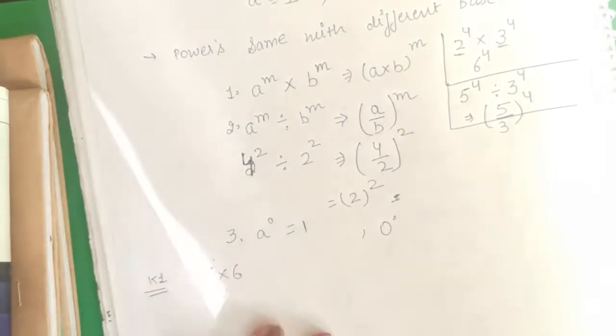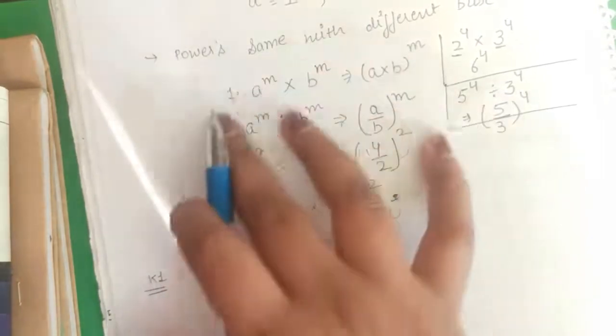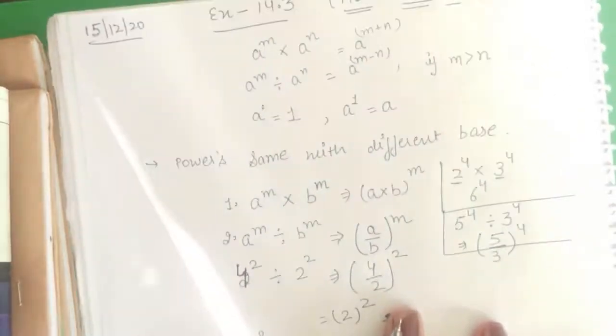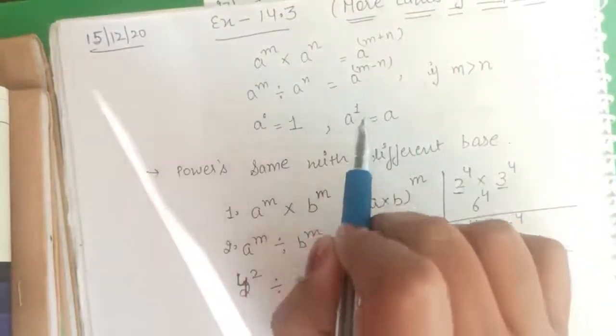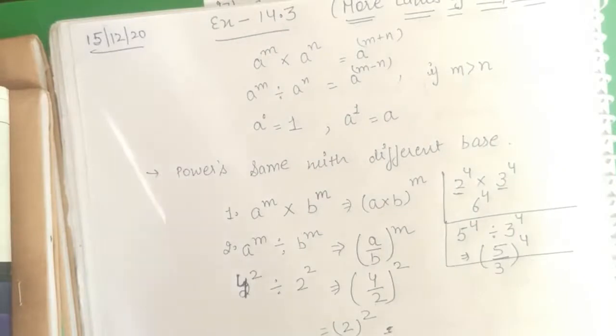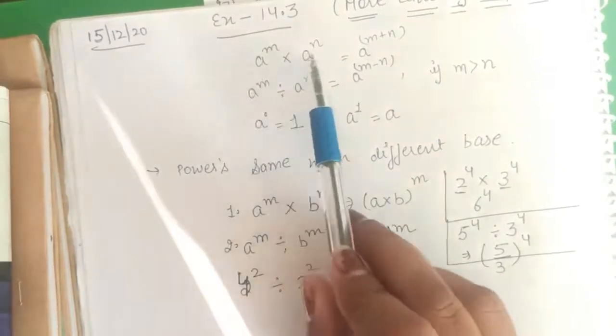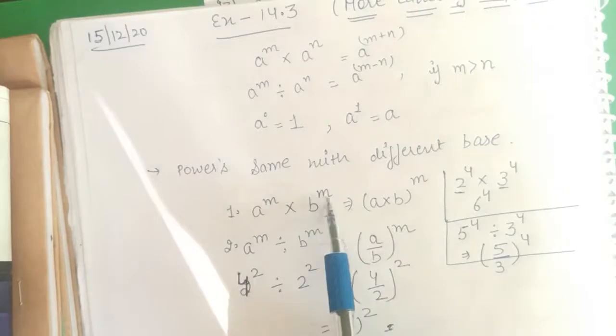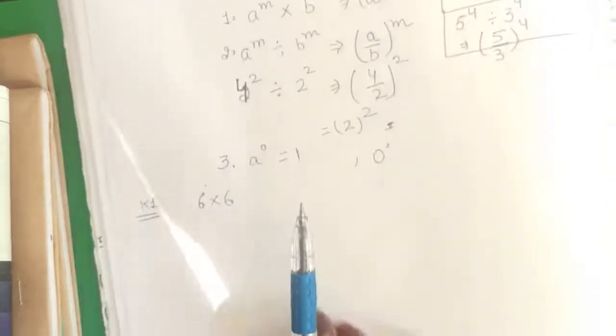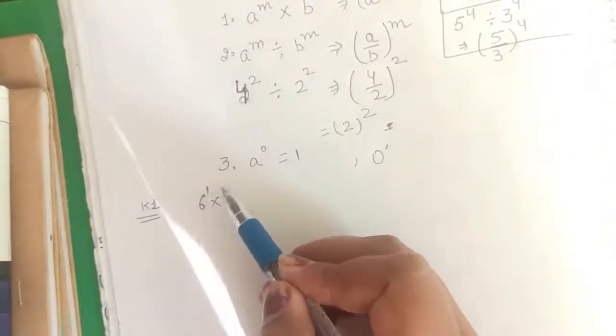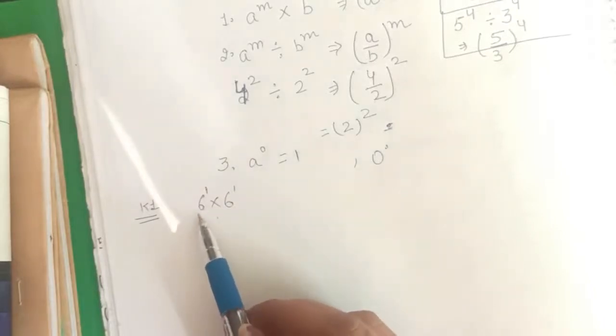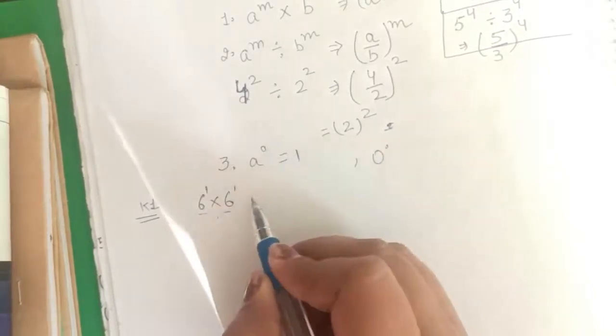In this exercise, don't think that only these laws are followed. We can follow this one also. But here we have to check first whether the base is same or the powers are same. In this condition, if no power, it means there is 1. And base is 6, 6. Base is same.